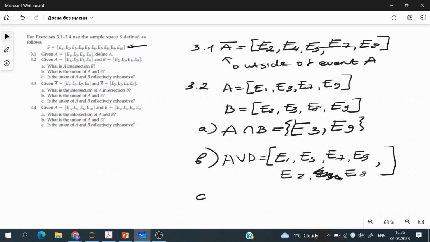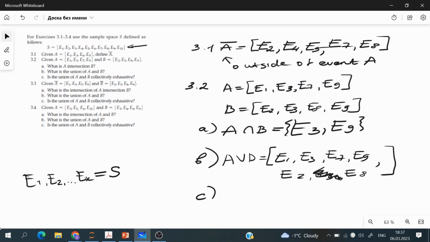And the last problem is: is the union of A and B collectively exhaustive? So to be collectively exhaustive, we need to have E1, E2, and so on, for example Ek, construct our sample space.